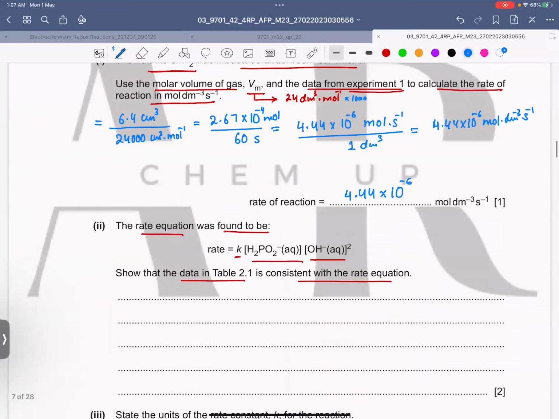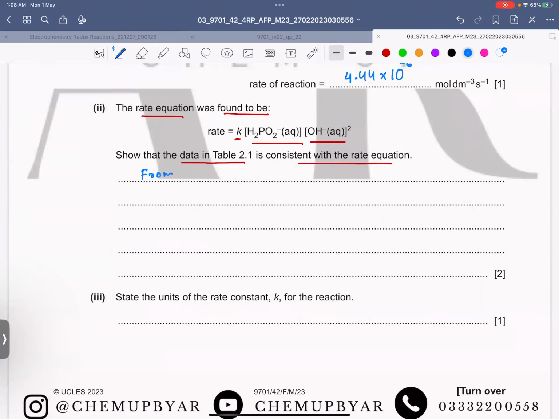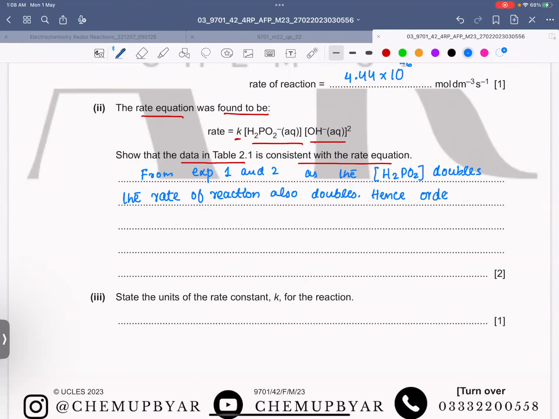So here I can state that from experiments 1 and 2, as the concentration of H2PO2 doubles, the rate of reaction also doubles, hence the order with respect to H2PO2 concentration is first.